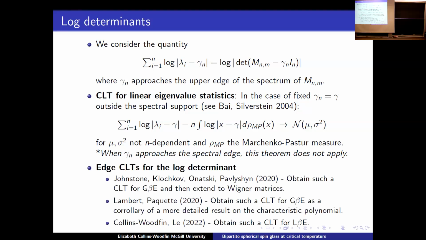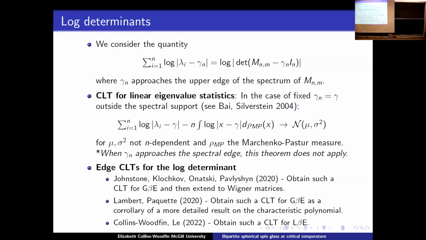And so this is a review of some of the things that have been proved in this area. Two separate papers address this for the case of Gaussian beta ensembles, which is the more generalized version of the Gaussian orthogonal ensemble, and both of them came at it from slightly different directions. This one they did for Gaussian beta ensembles and then extended to Wigner matrices as well.